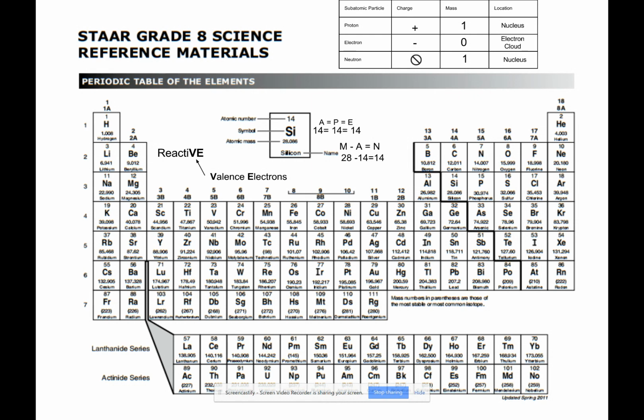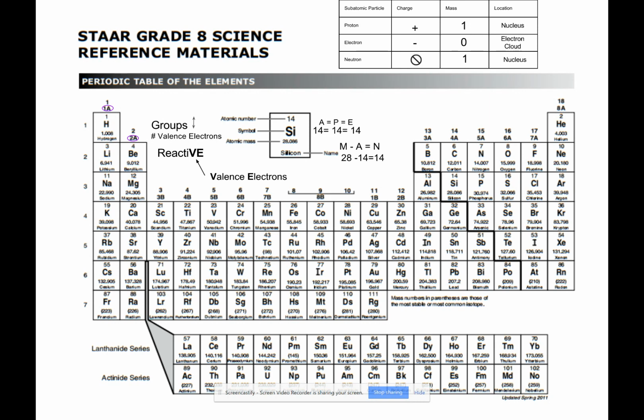If we look at our groups on the periodic table, we know that they go up and down, and the groups help us identify the number of valence electrons in each element. So, if we look at elements in group 1, hydrogen, lithium, sodium, and so on, they all have 1 valence electron.